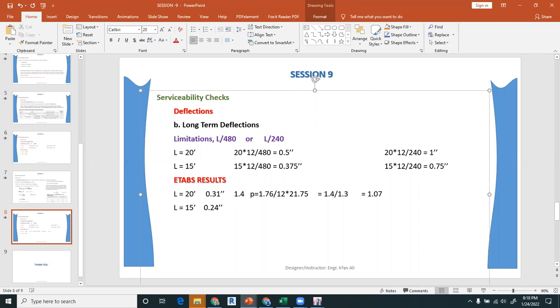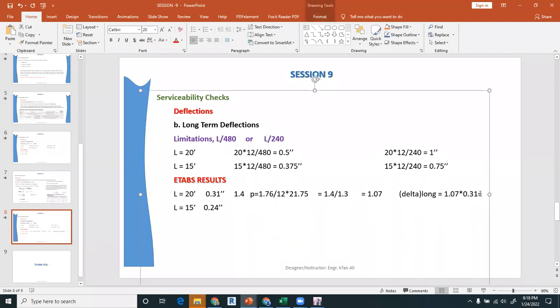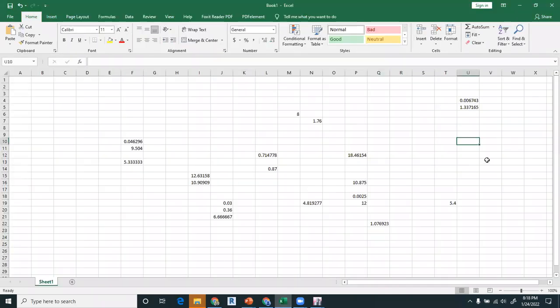So this is our delta long term. It will be equal to 1.07 into the sustained delta, which we get from ETABS, which is 0.31. So 0.31 into 1.07.